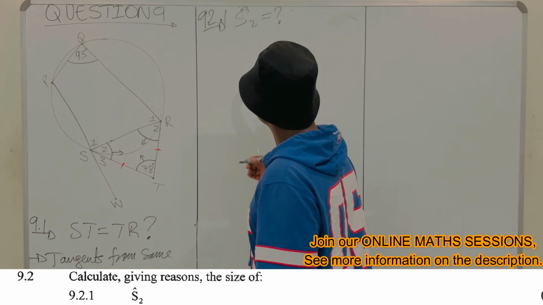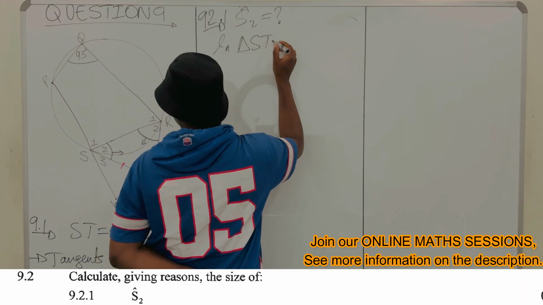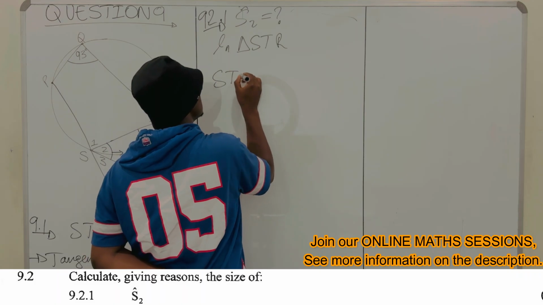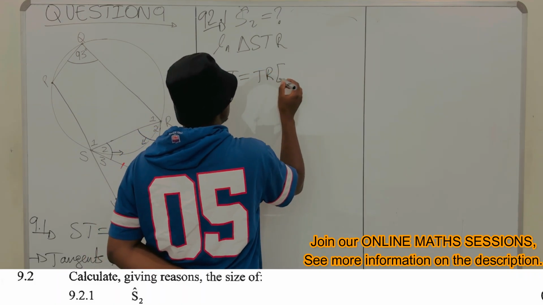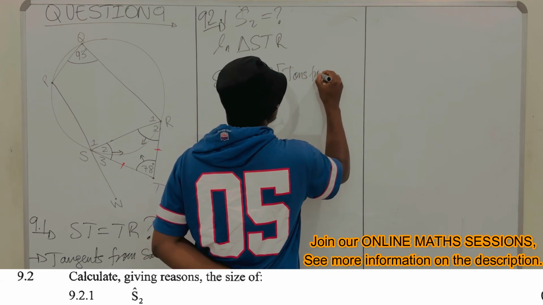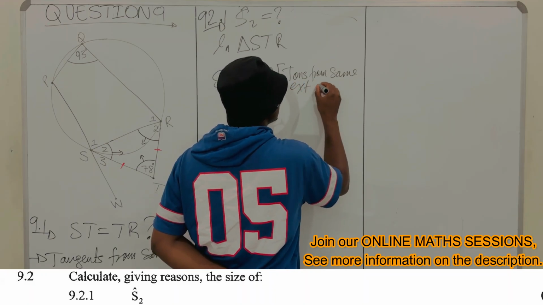So in triangle STR, we're going to say our ST is equal to TR. Why? These are tangents from the same external point.